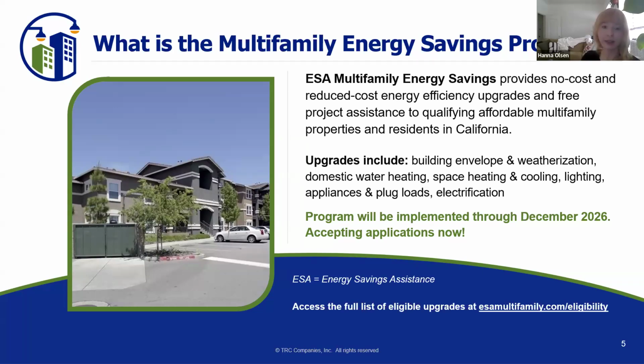Some of these upgrades include building envelope weatherization, domestic water heating, space heating and cooling, lighting, appliances and plug loads, and electrification. We also have a full list of eligible upgrades at the link below, esamultifamily.com/eligibility. This program is going to be implemented through December 2026, so we are still accepting applications.